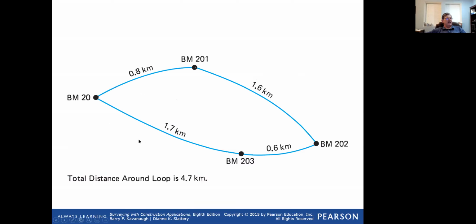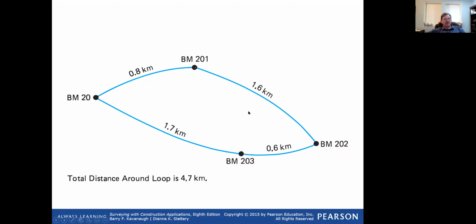And this is kind of interesting here. This tells you, you've got a benchmark, and you're going to run all the way through here. You're going to set control around, say, a subdivision. Let's say you're going to build a new subdivision, a new shopping mall. You run elevations, take your level, and you get shots all the way around here so that you can set all these other benchmarks, 201, 202, and 203.